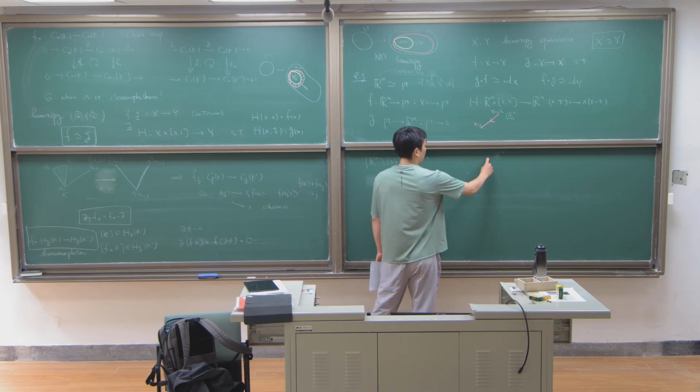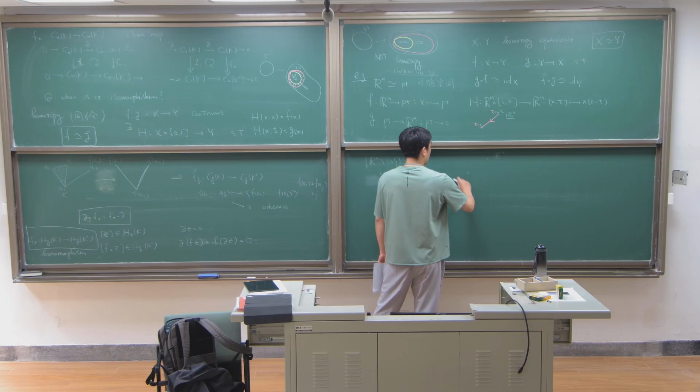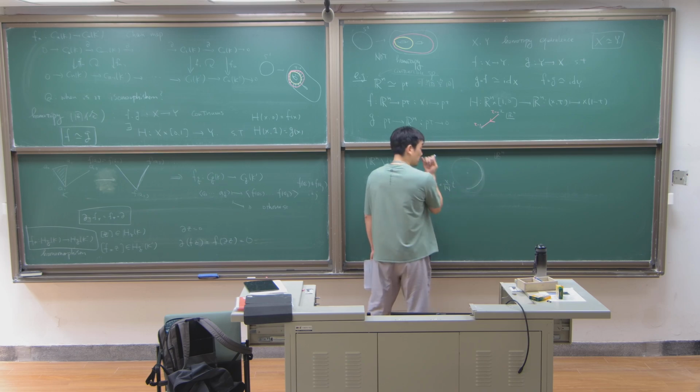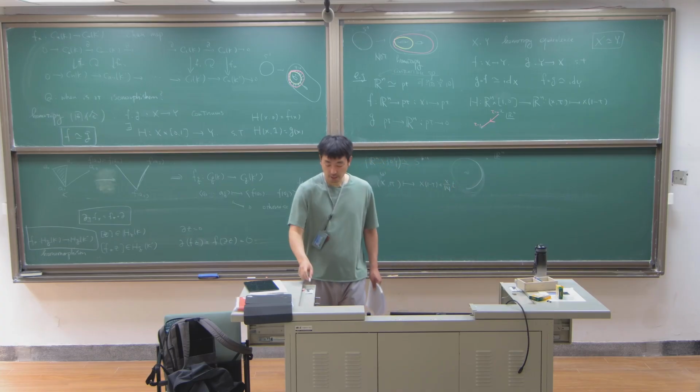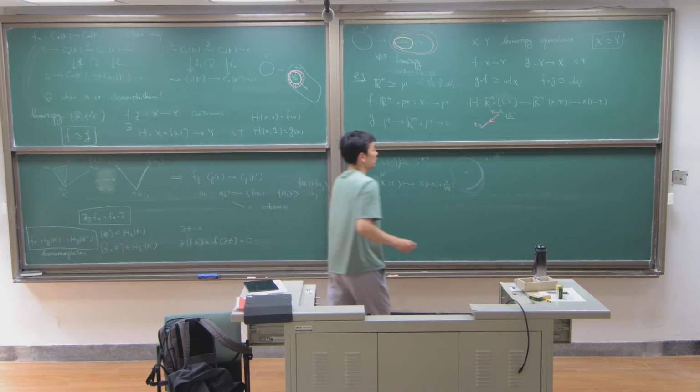So you just point to x. So there is a sphere surrounding the origin, and it just maps between these two.